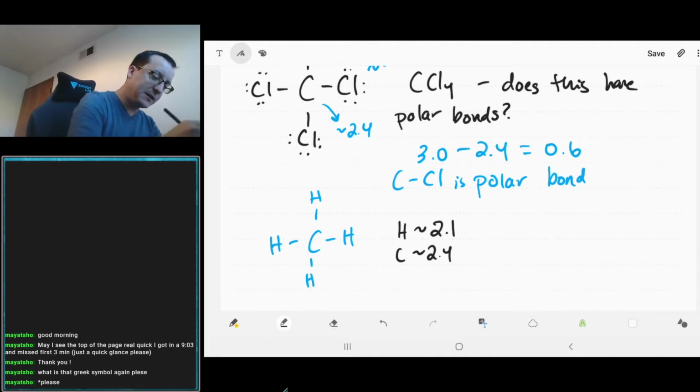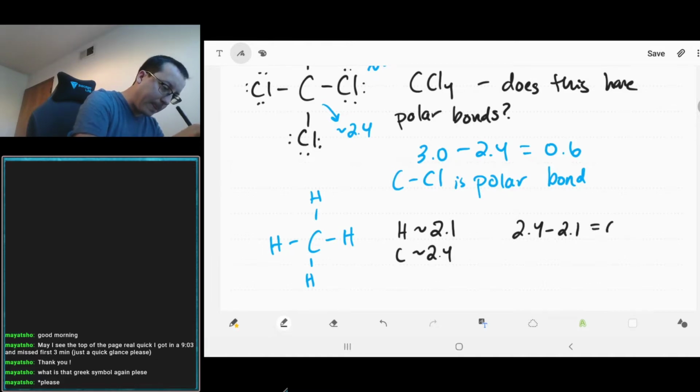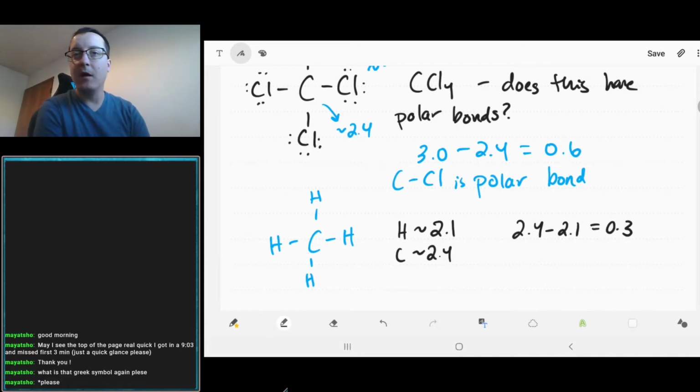We look at the difference. By the way, we typically just do the bigger one first, just because we like things to be positive. If you do get a negative one, just make it an absolute value, because we're looking at the magnitude of the electronegativity difference.